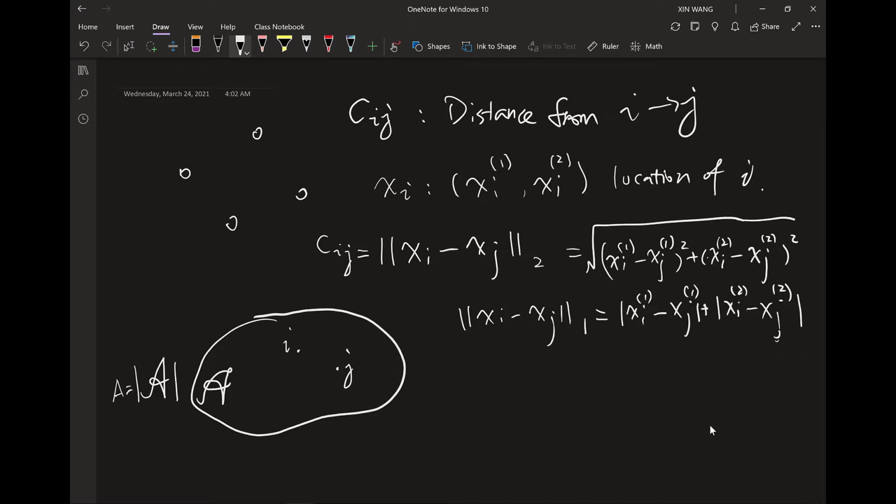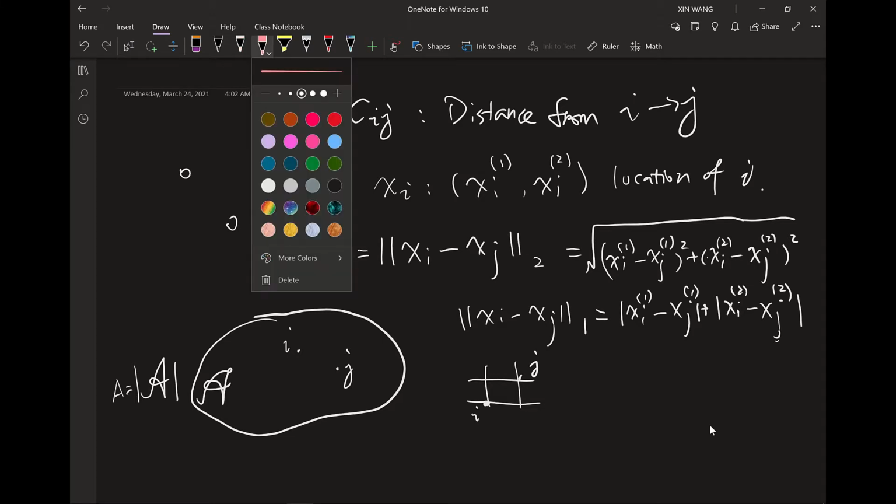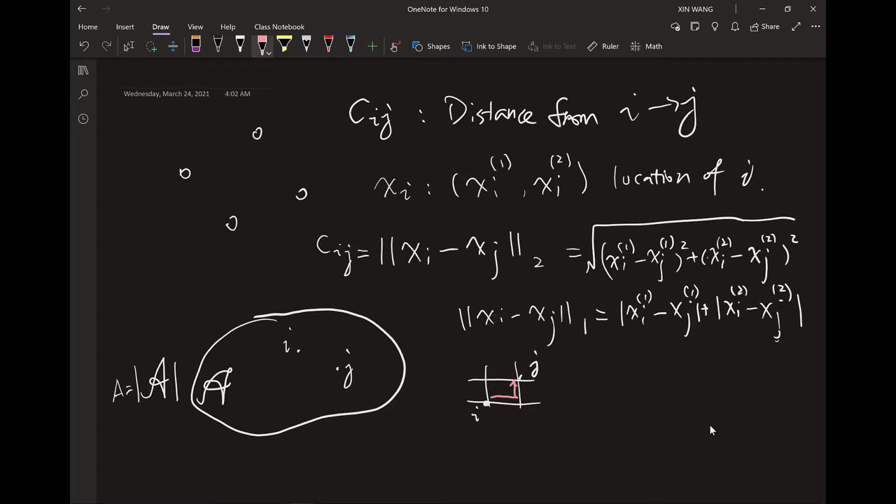The one norm is typically used to describe the distance when we travel in an urban area where the roads are built in grids. So you need to travel from one point to another by going through the road network. For example, if this is i and this is j, you need to travel this way from i to j.